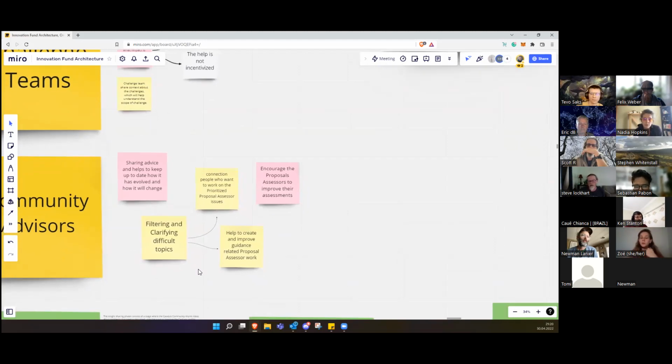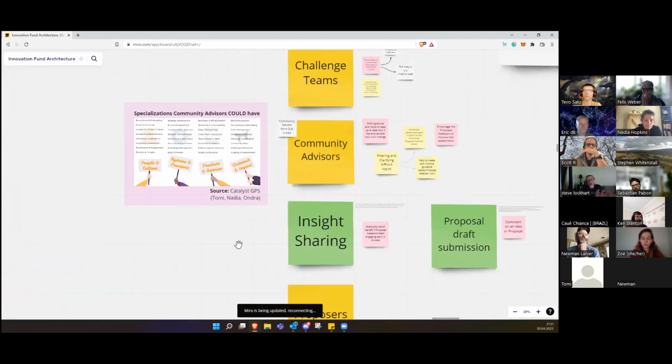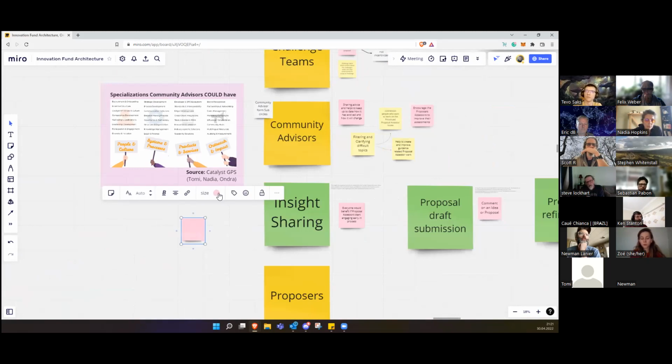When you've done assessments, you've assessed proposals and made good assessments, and that's recognized by whoever is giving people the status of being a veteran CA, at that point there maybe could and should be a fork, where somebody who's graduated to that level can either become a veteran CA and do that work at the end of the process, or they graduate and move up to the beginning of the process and work with challenge teams and proposers individually to refine their proposals.